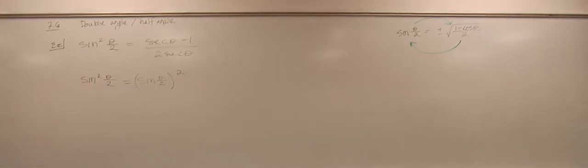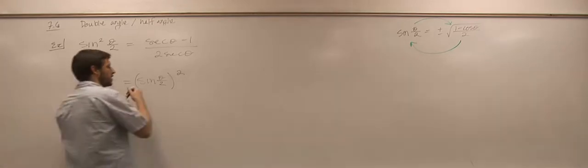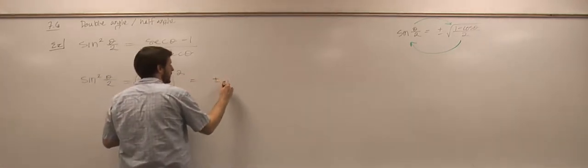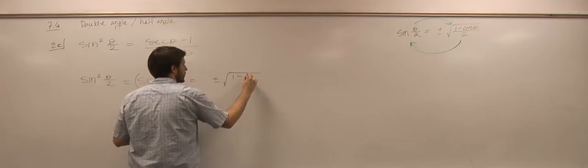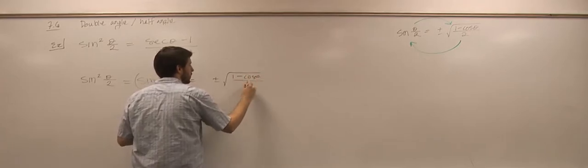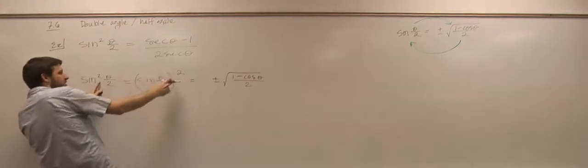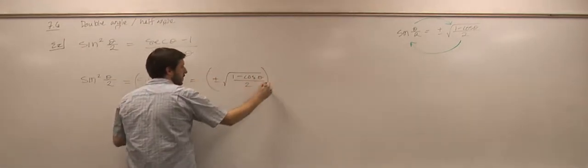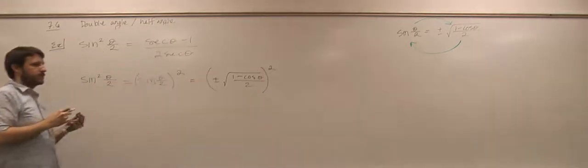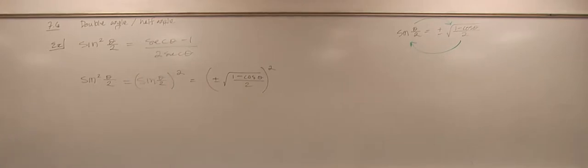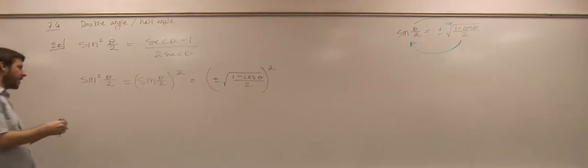That's what this means. So you write plus or minus square root of 1 minus cos theta over 2. But then because it's sine squared, you have to square it. So this is just our half angle.